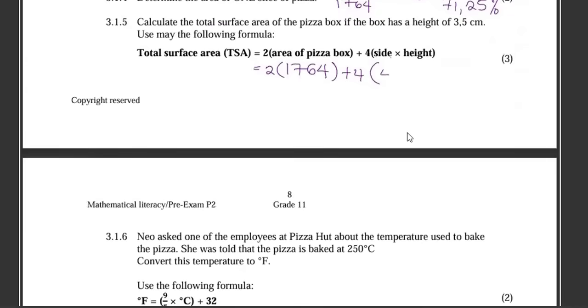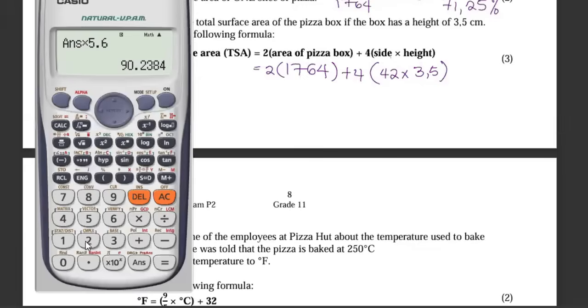So we shall put 42 here times the height, which is 3.5. So we do that, we multiply. Actually, at this moment, you just pick your calculator. You do it. It's 2 open brackets 1764 close the brackets plus 4 open brackets 42 times 3.5.